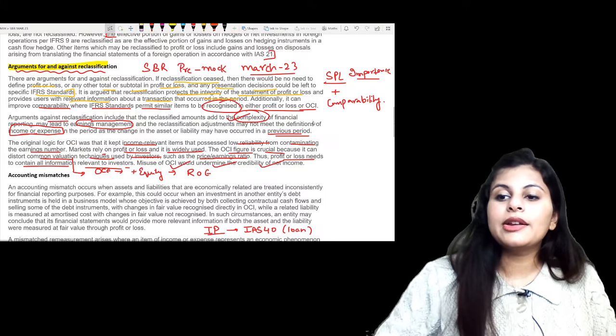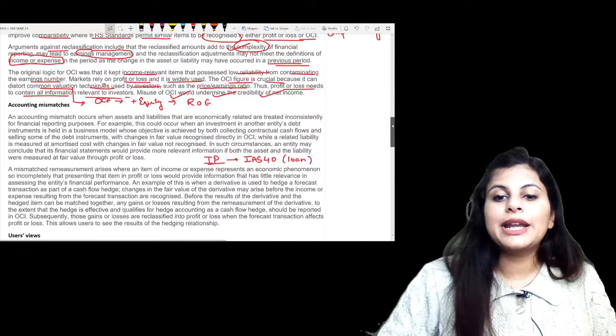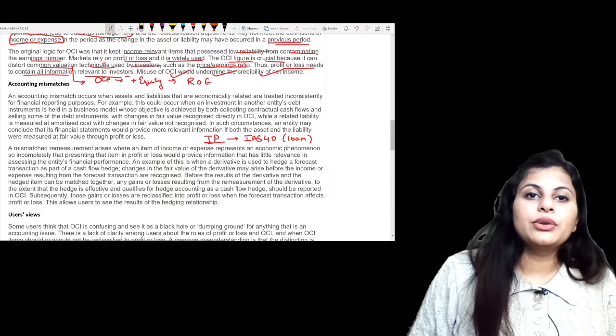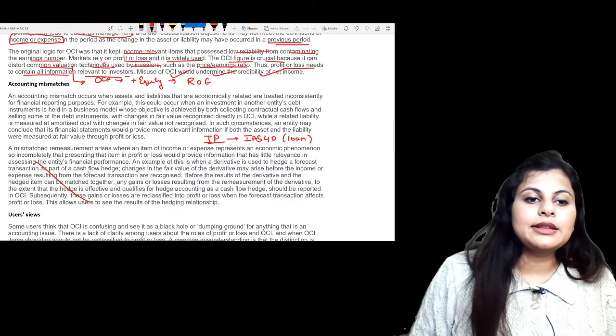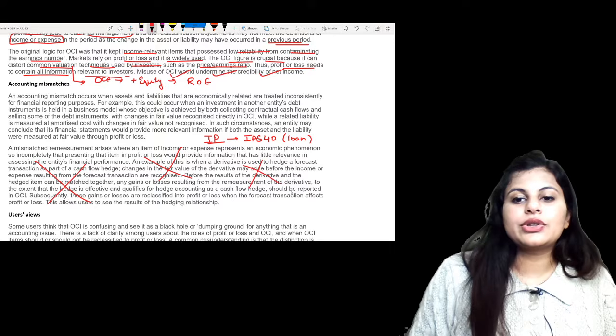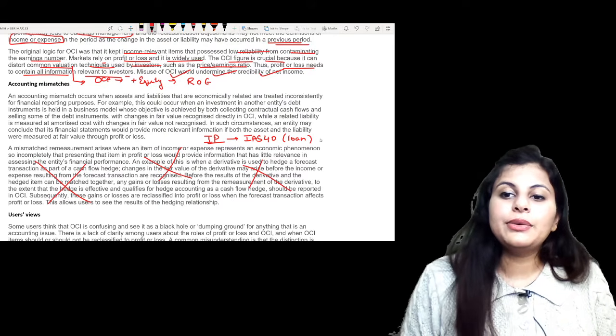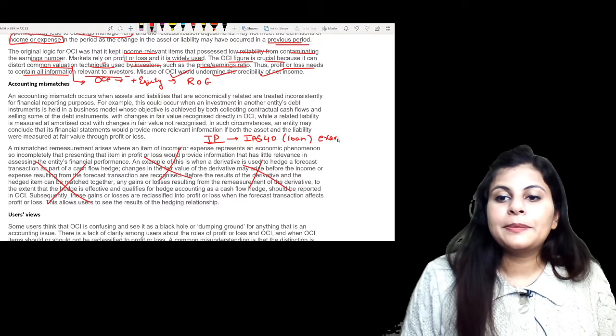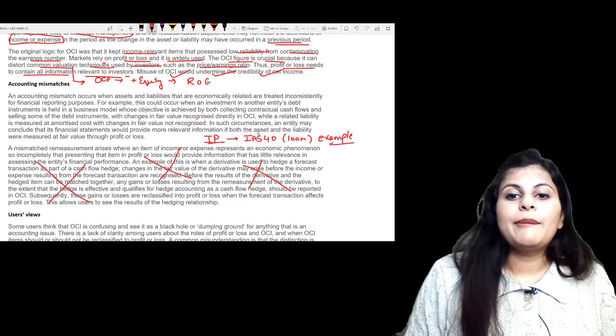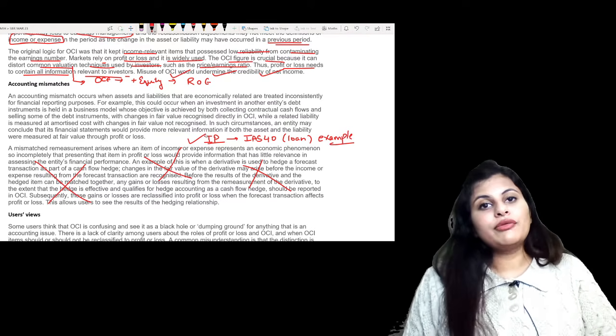Then they have accounting mismatch. I just explained the accounting mismatch to you. No need to read this one. This example is a bit exhaustive. No need to read this. I gave you a very cute little example about investment property, IAS 40, right?